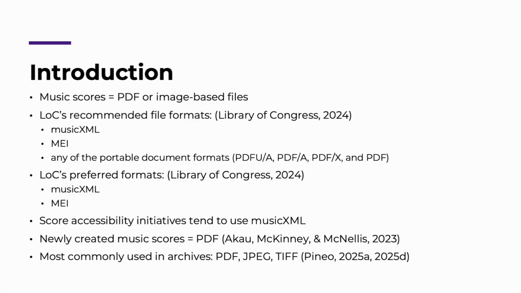Right now, even the best optical music recognition, or OMR, programs still struggle to achieve a high level of reliability, so they aren't practically usable to read a full score just yet. As a result of all of these things, most archives' digital music scores are inaccessible to many disabled users. Therefore, how music scores are archived must change. How exactly that change might take place was the focus of this study.